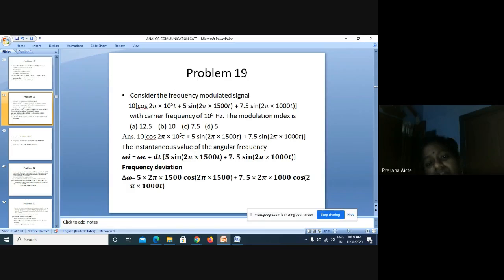In order to find the modulation index, first we'll find the instantaneous frequency.